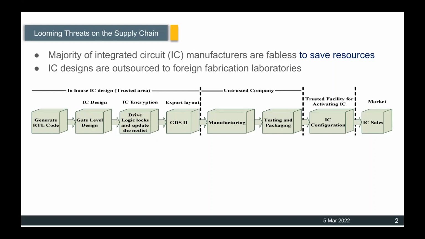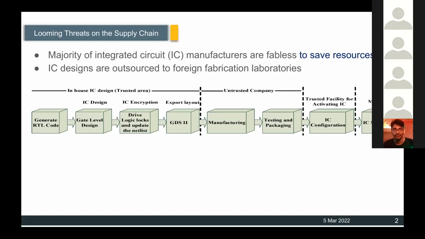It starts from the RTL code conception, to the gate level design, to the final GDS2, which is used to fabricate the device, and finally the testing, packaging, and eventually the sales, until we get the IC, or integrated circuit, in the market.